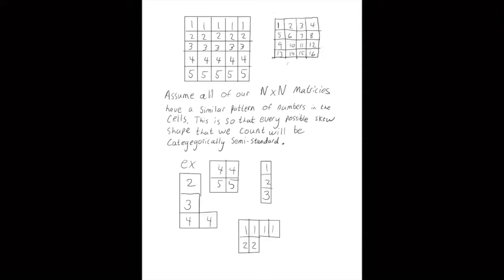This shape right here is an example of why we chose to represent semi-standard in the fashion we did over here on the left, because this is also semi-standard. As you can see, we have weakly increasing rows and strongly increasing columns, but this is not as elegant a representation of semi-standard as we have on the left.